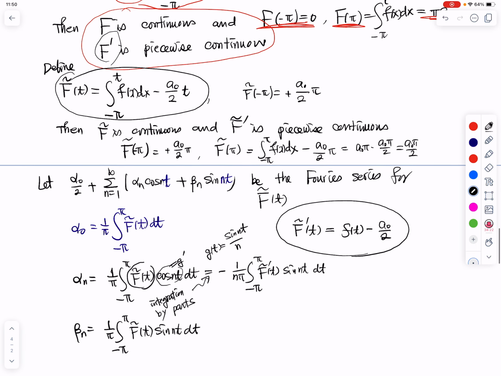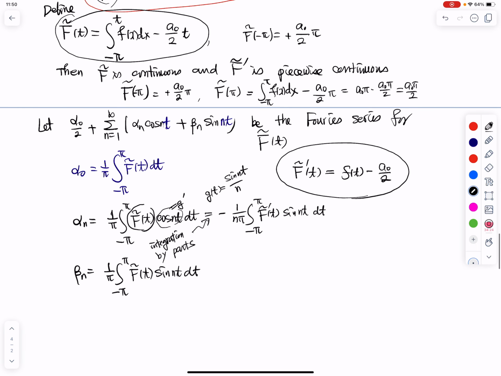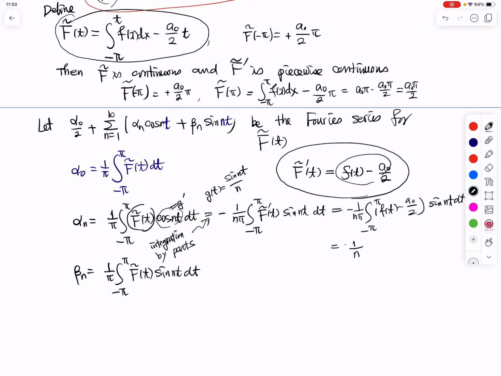Then you put in f(t) minus 1/2 a0: 1 over n pi integral of (f(t) minus 1/2 a0) sine nt dt. The second integral becomes 0. The first integral is just 1 over n times b n. So this is what we have for alpha n.